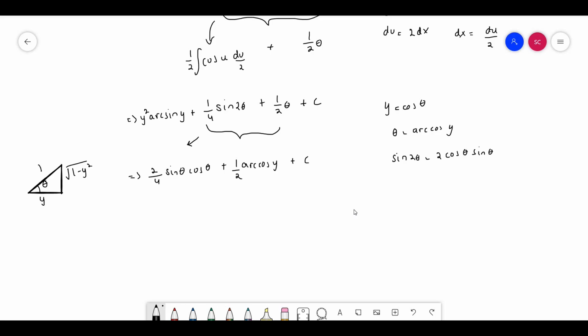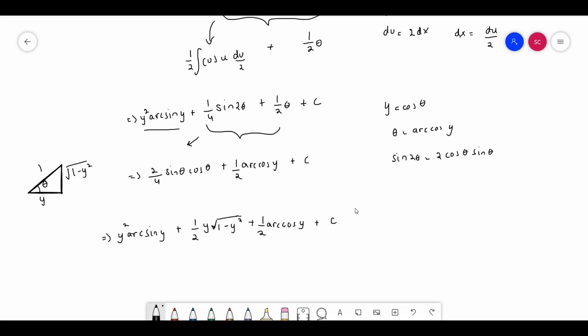The total expression, including this part, comes to y squared arcsin y plus 1 over 2, then cos theta is y, times root of 1 minus y squared. Then finally this part is half of arc cos of y plus c.